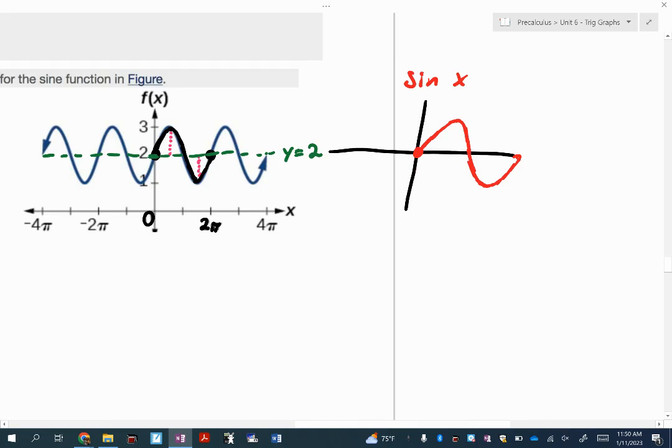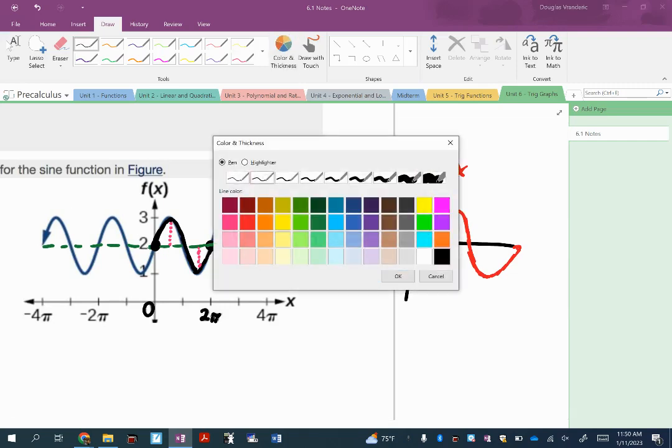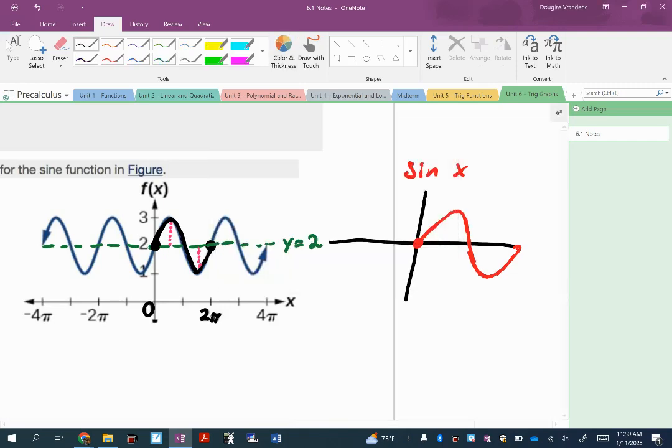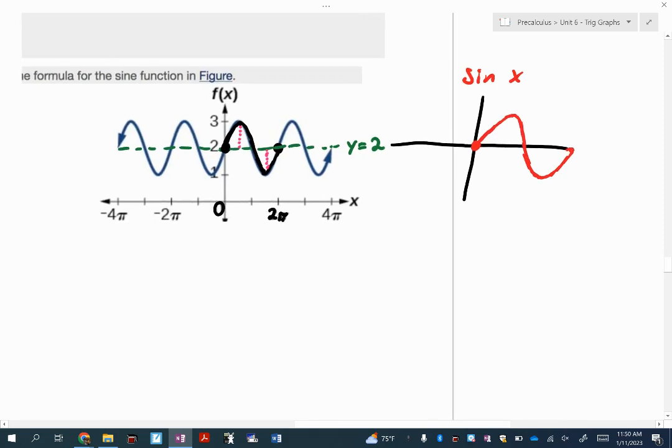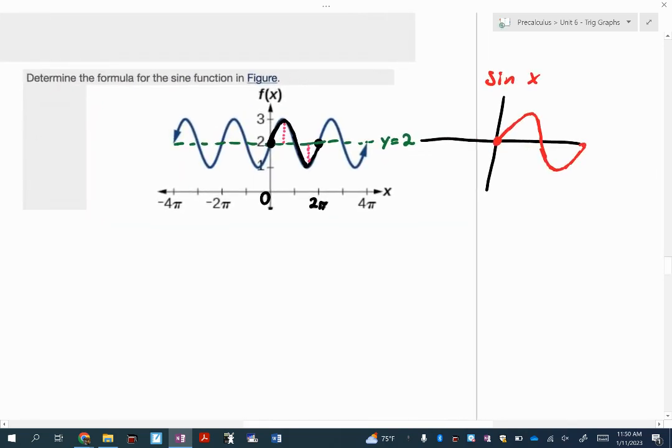And I don't see any shifting left or right because, as I said, we're starting at the origin, but it's just been shifted 2 units up. So it really looks like there's only one change between this and the parent function, and that is the fact that there's a vertical shift. So the answer is just sine of x plus 2. They will not all be this simple.